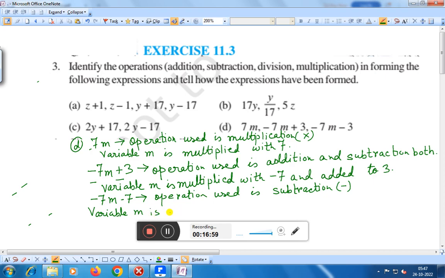Variable m is multiplied with minus 7 and 3 is subtracted, right? In this way you can form the various expressions, right?